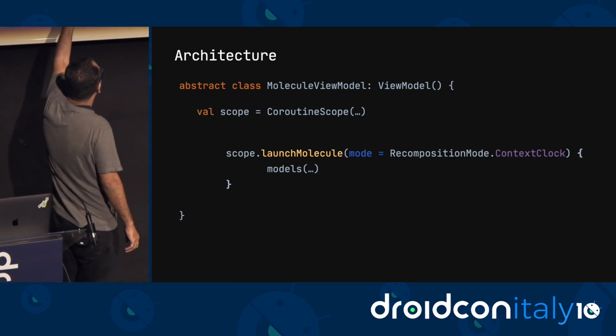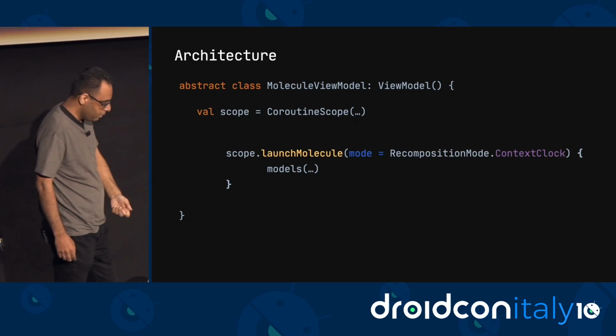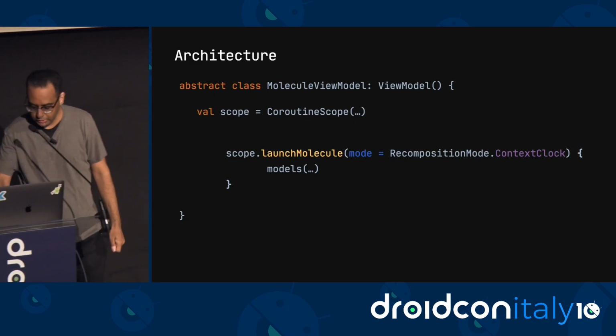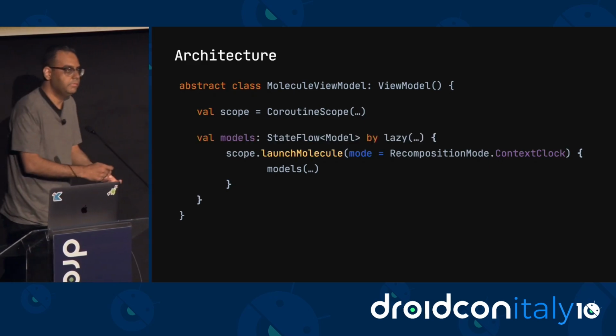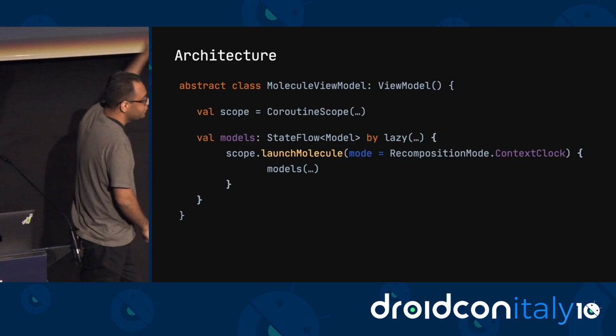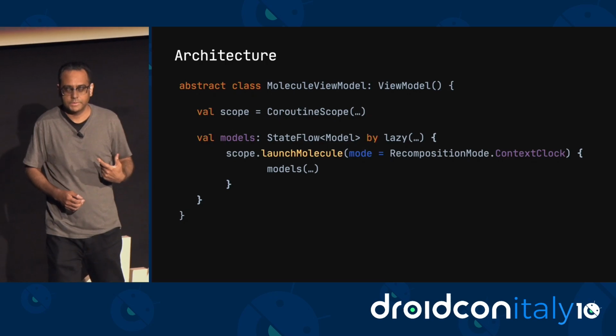This is where my business logic is, the composable method that I make that knows how to go from one UI state to another. When I call launchMolecule, it gives me back a state flow. And whenever a recomposition of the models method happens, it pushes to that state flow so my UI can read it. So that's how it works.